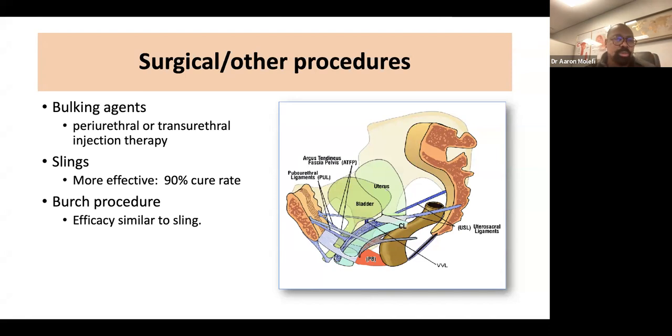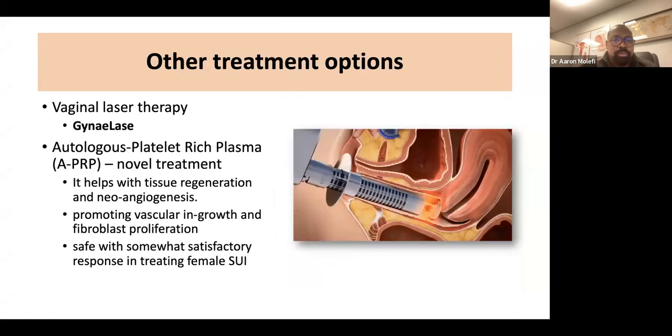So you should be able to know how to do these procedures. You can approach it either laparoscopically or by open surgery. What you want to do is strengthen the pubourethral ligaments so that the continence mechanism is brought back to its normal function, right?